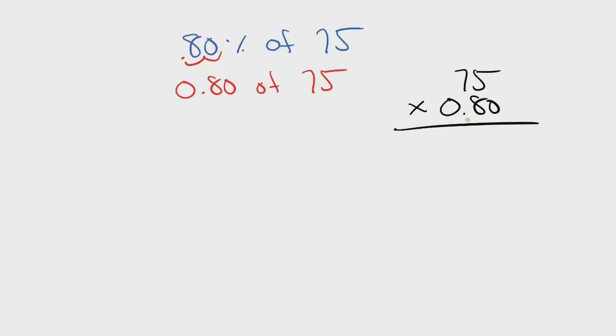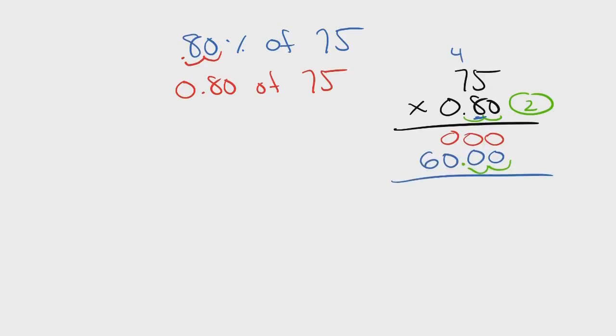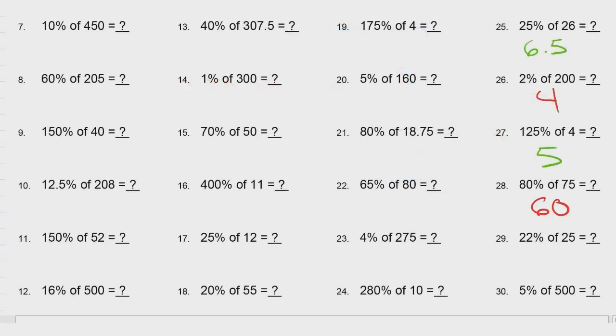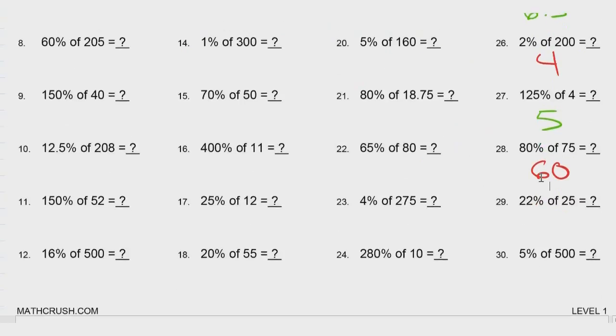I'm going to get rid of this decimal, and I'm going to put a 2, so I know when I'm done, I need to put it back. And we get an answer of 60. So 80% of 75 is 60. We're going to put 60 right here. Let me scoot this down a little bit.